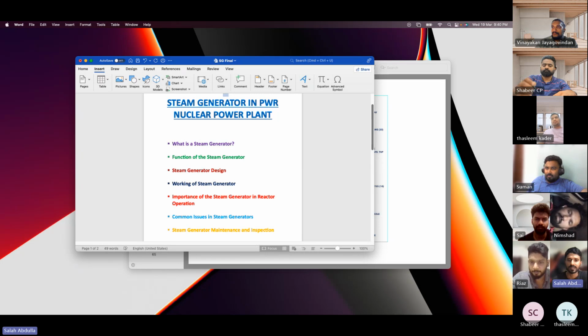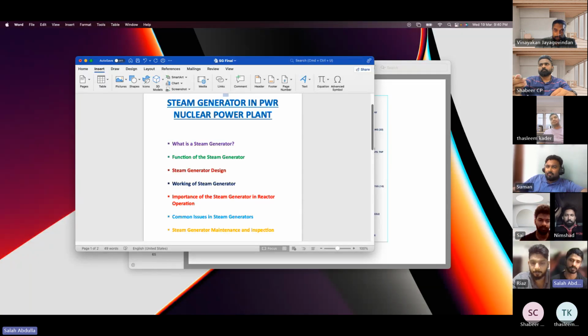So finally, we can conclude that the steam generator is a critical component in pressurized water reactor nuclear power plants, acting as an interface between the primary and secondary circuits, transferring heat from the reactor coolant system to generate the steam, which drives the turbine generator for electricity production.